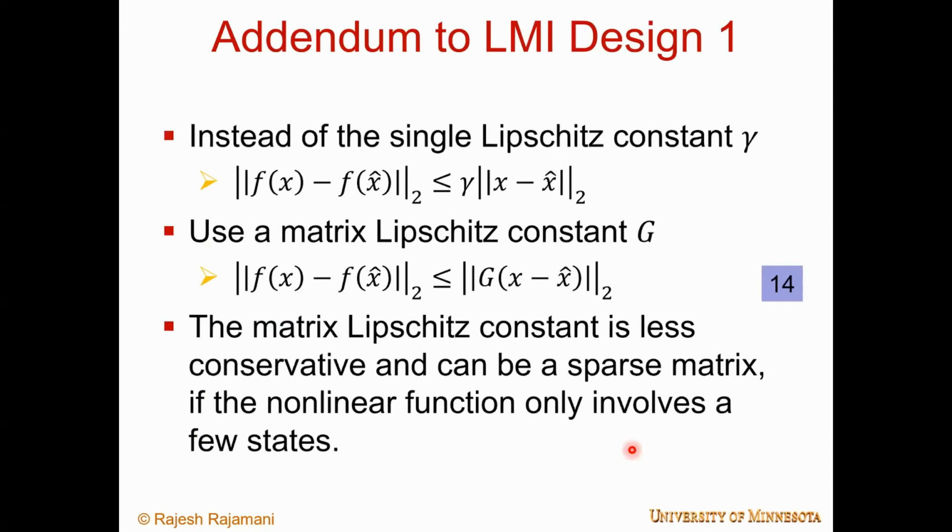Okay, so one of the simple tools that you can use to make the likelihood of a solution existing to the LMI more feasible is to use a matrix Lipschitz constant instead of a scalar Lipschitz constant. Sometimes you might find that your observer design LMI is not feasible because gamma is too big.